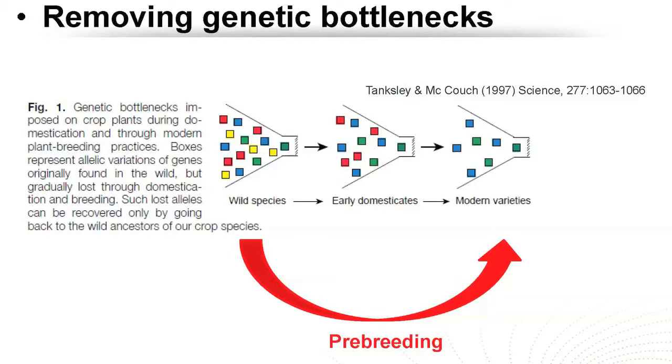So our modern varieties are bred on, let's say, a subset of alleles. One way to enrich and to have future genetic progress is to enrich germplasm by using old varieties, even remote species, and that is the scope of pre-breeding.